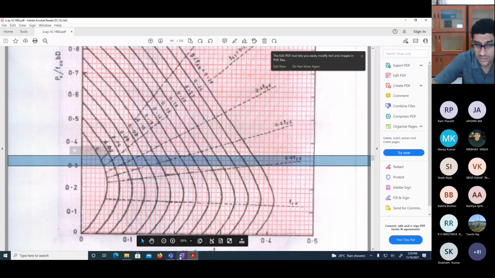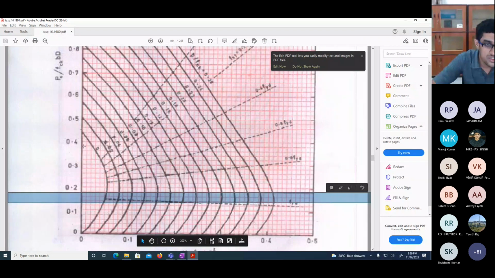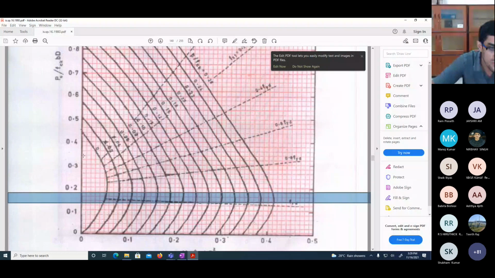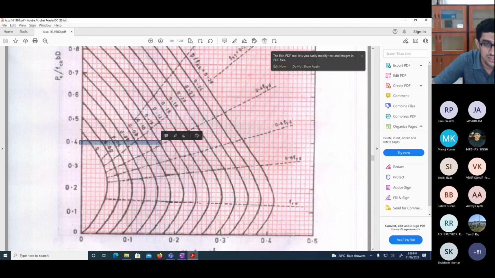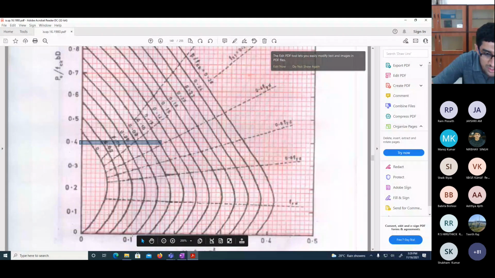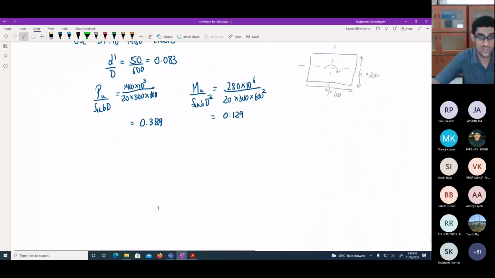0.389 and 0.129. This is 0.32, 34, 36, 38, 0.38, somewhere here. 0.129, 0.12, 0.129. Correct, 0.08 only. So I get p by FCK, small p not capital P. From chart number, what is the number of the chart?